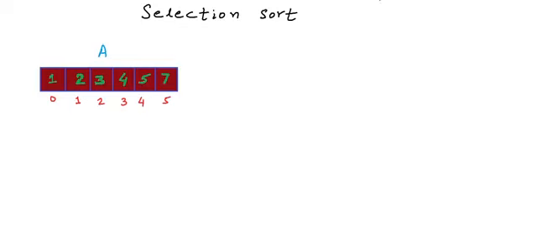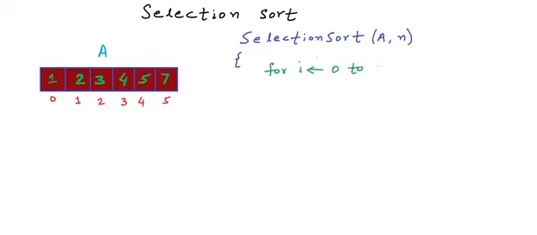We will write a function named selection sort that will take the array and the number of elements in the array as argument, and the logic will go something like this. We will run one loop with a variable i starting 0 all the way till n minus 1, and in each iteration of this loop we will set the element at ith position appropriately.